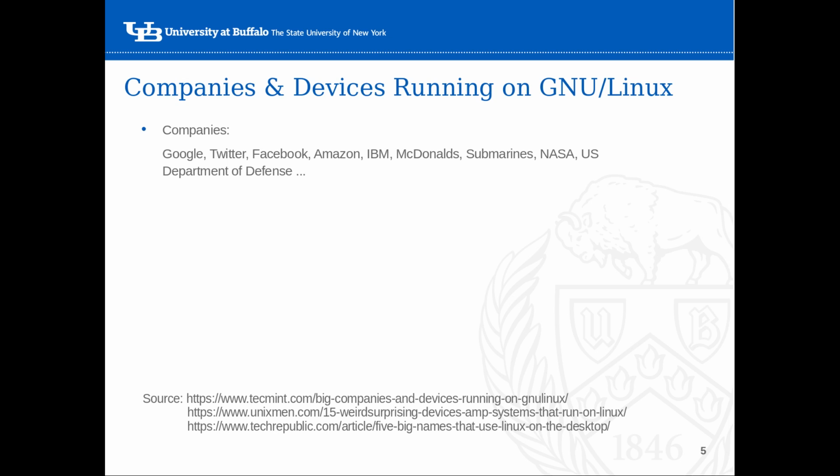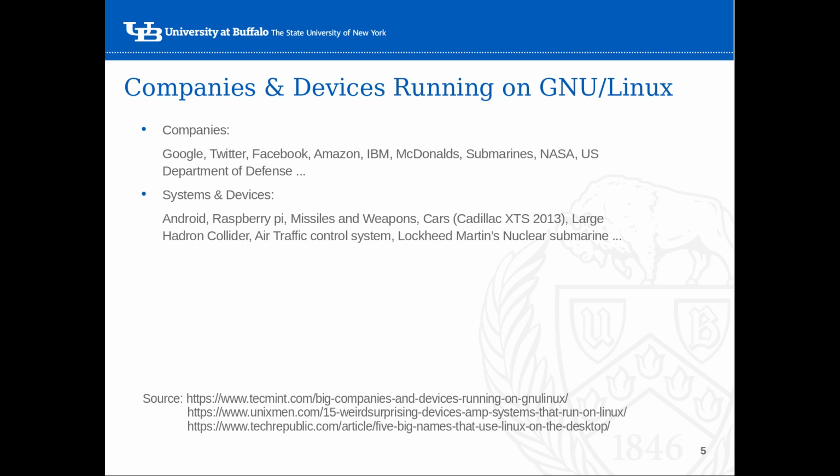And also there's a big range of devices like Android and the famous Raspberry Pi. And there are missiles, weapons, cars, and also the air traffic control system. They are based on a Linux system. So it's a very versatile system. And also, for users like hackers, it's always the first choice to use Linux. That's maybe partially the reason that Linux is pretty safe, because they don't attack their home, right?